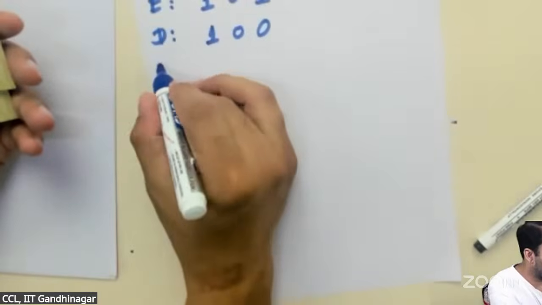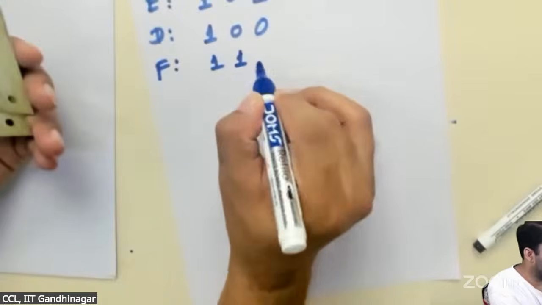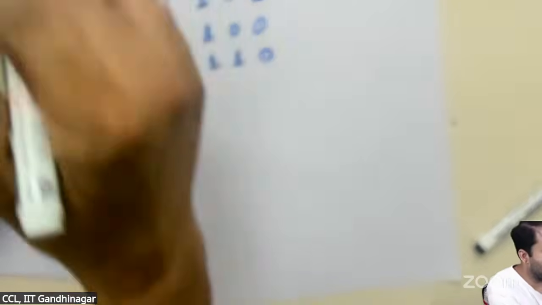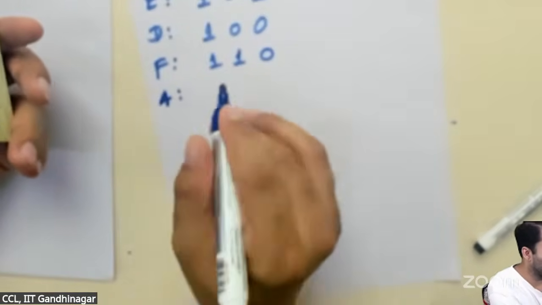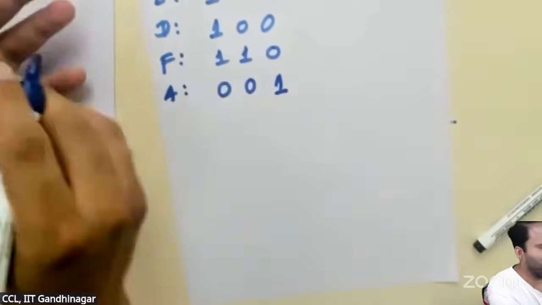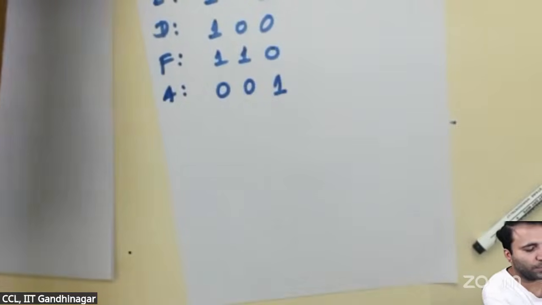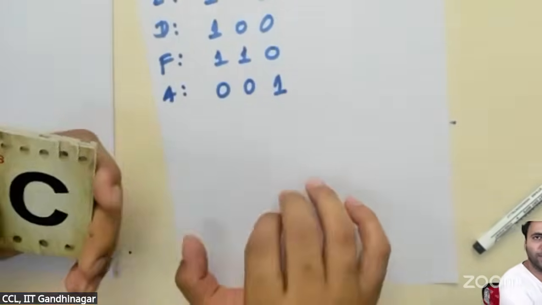Then you have F, which is 1, 1, 0. Then you have A, which is 0, 0, 1. All right. So here I have an order of cards.